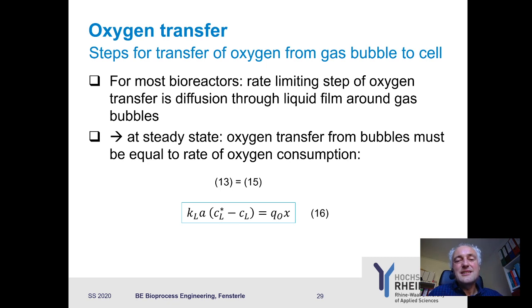At higher densities I can still grow my cells to higher densities. However, then the oxygen transfer rate gets limiting. And this is what you have already always seen in your shaking cultures. Usually people, if they measure growth curves, shake a bit and think everything is fine. But these are people who have no idea from bioprocess engineering.